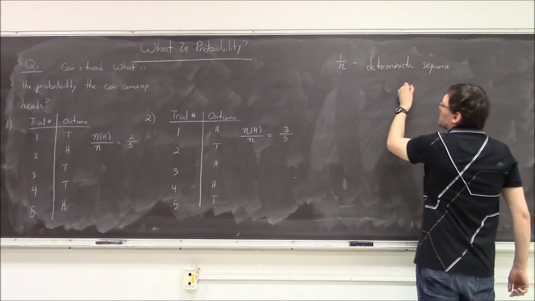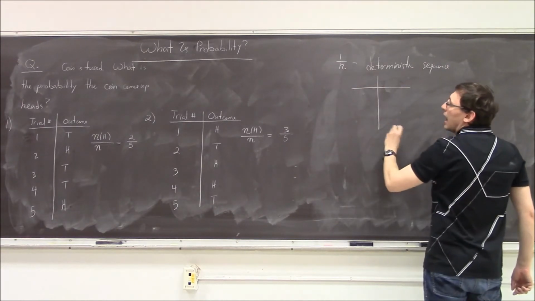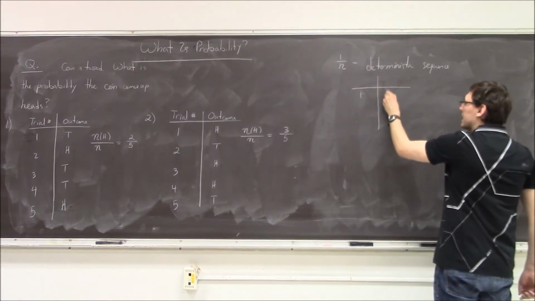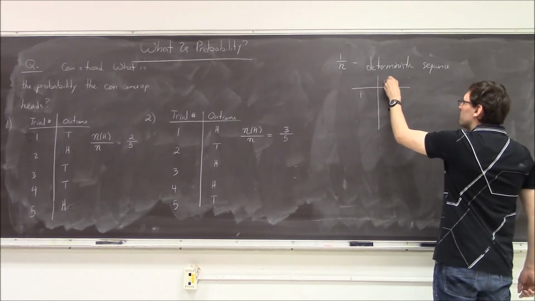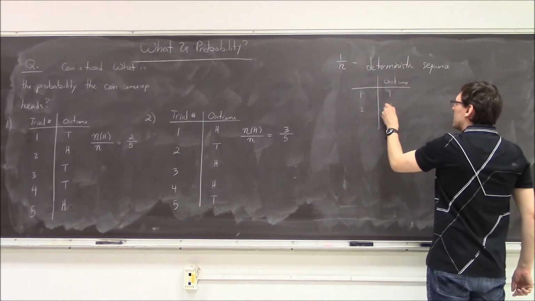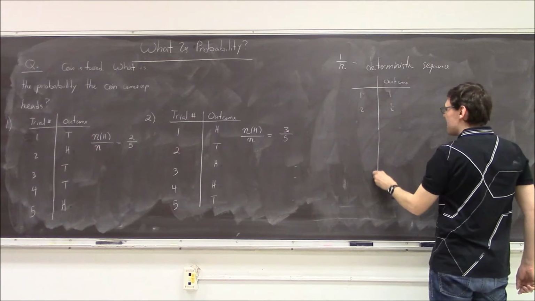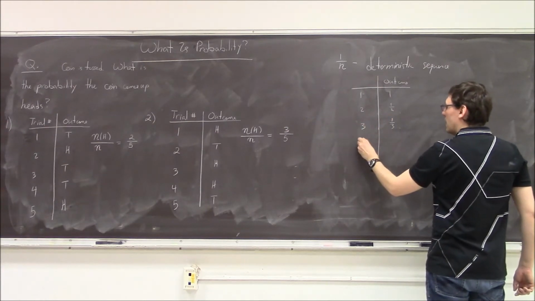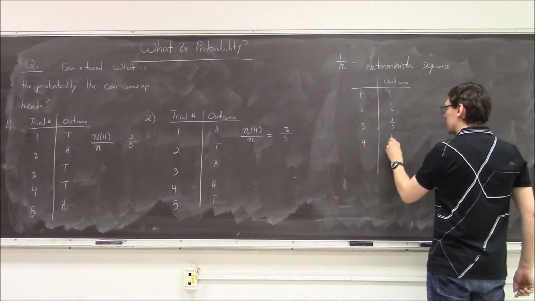Why is it deterministic? Because a priori, I know what would be happening on the first trial. First trial, I get the number 1. On the second trial, I get the number 1/2. On the third trial, I get the number 1/3. On fourth trial, I know I will get the number 1/4.